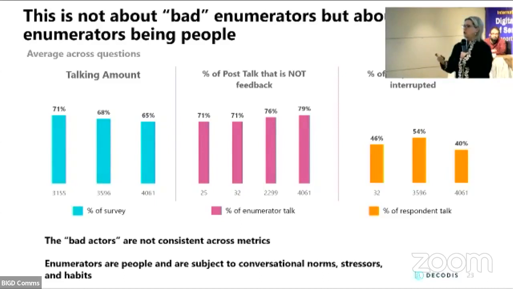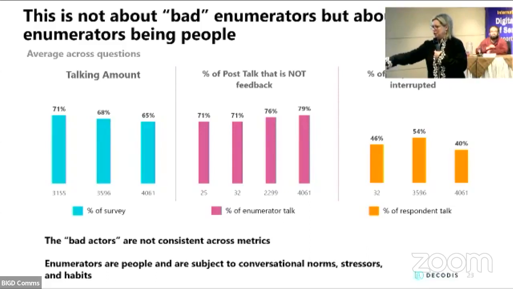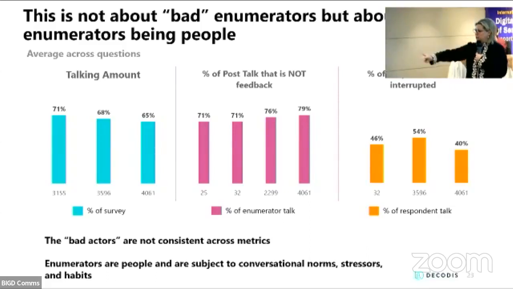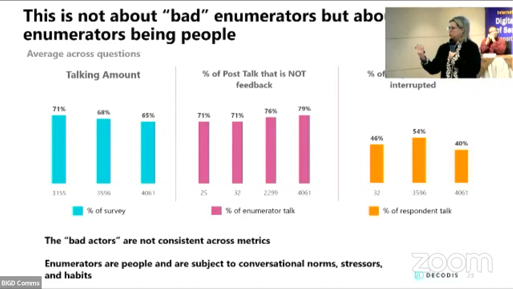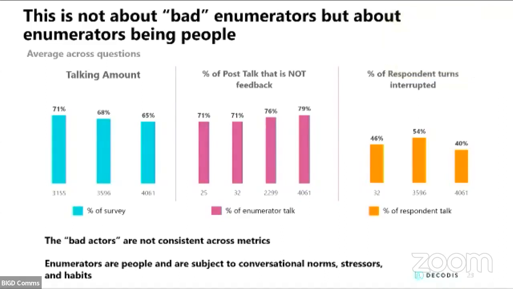In other words, they were people, and people engage with people, and they influence people in their conversation. There's this subtle agency going on between an enumerator, who's usually more educated than the respondent, and that power struggle plays out in our surveys.